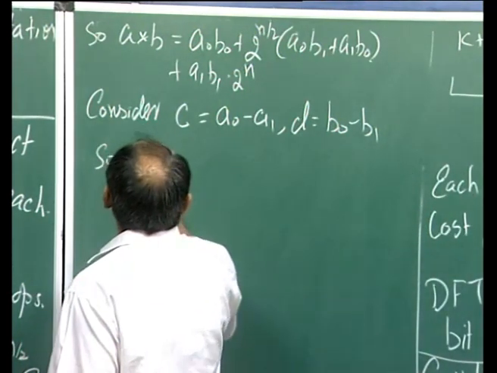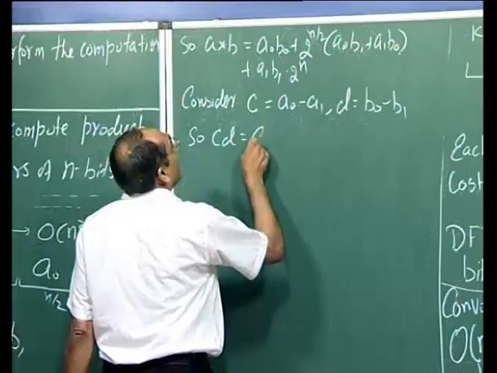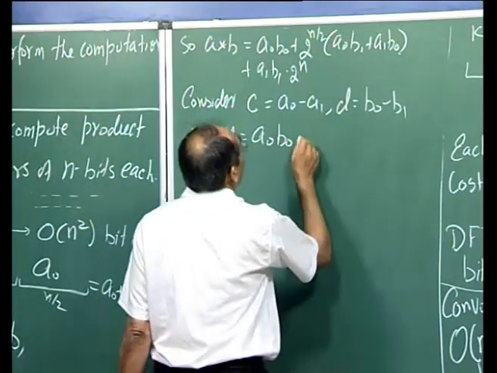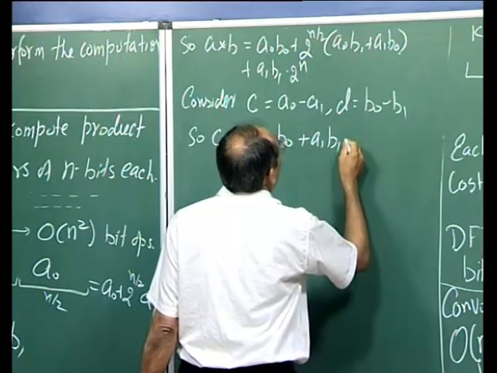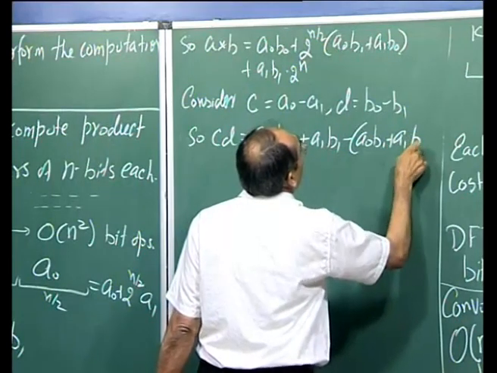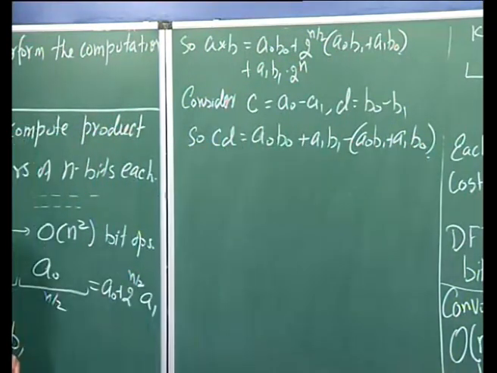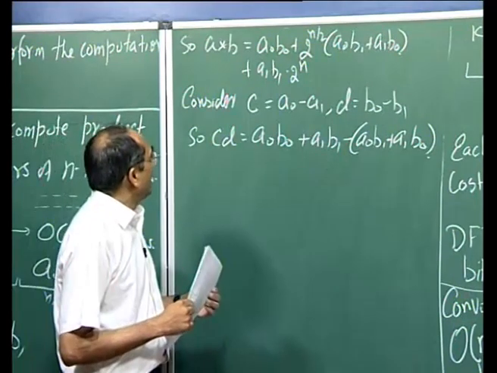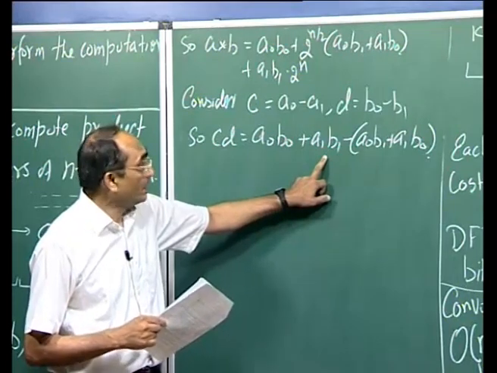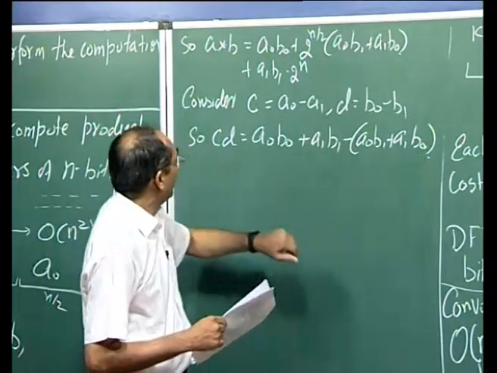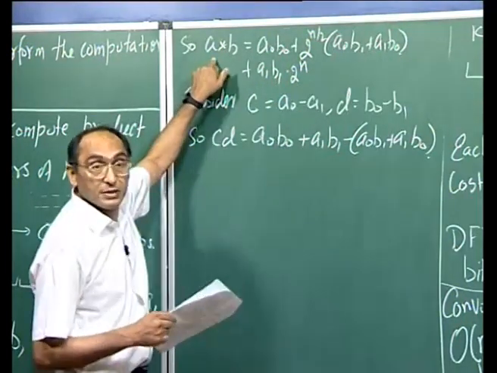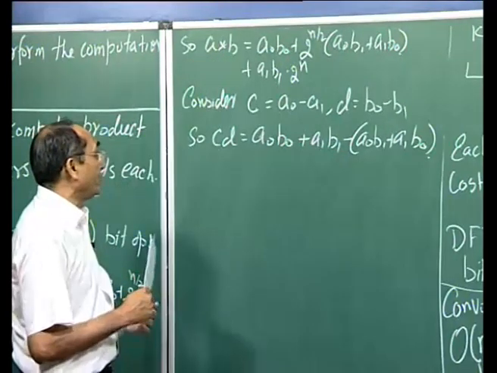So CD is nothing but A0 B0 plus A1 B1 minus A0 B1 plus A1 B0. So what you notice is, if I compute this product and this product, I get this immediately, and plugging these three values here, we get the entire product of A and B.